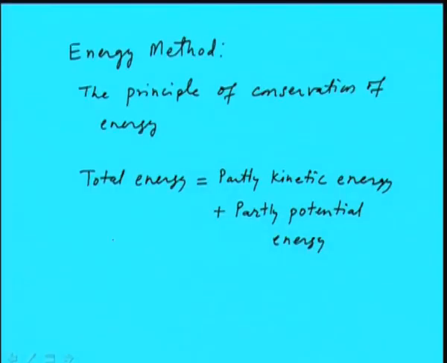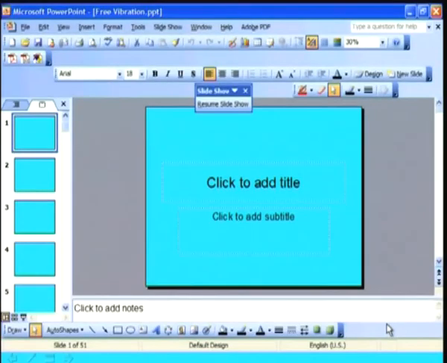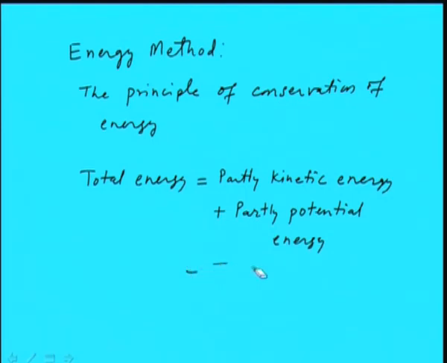So we can write this expression, where let us say kinetic energy is represented as T and potential energy as U. Kinetic energy is stored in the system in velocity terms, and potential energy is stored as strain energy or work done against some field like gravity or magnetic field.